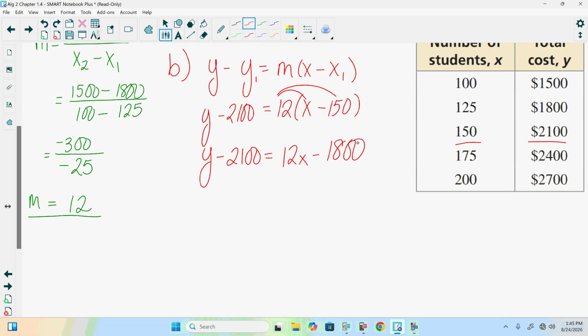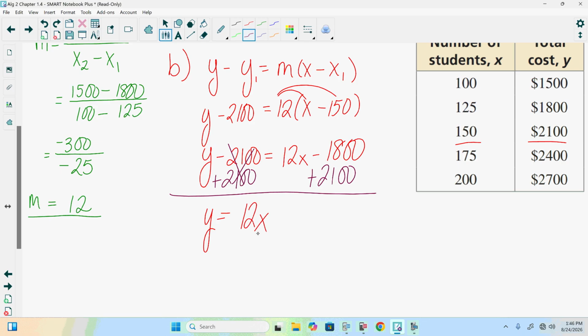Last but not least, we need to get y by itself, so what can we do? We have that minus 2100 with it. To simplify it, we would add 2100 to both sides, because negative 2100 plus 2100 is going to be 0. We still have the 12x.